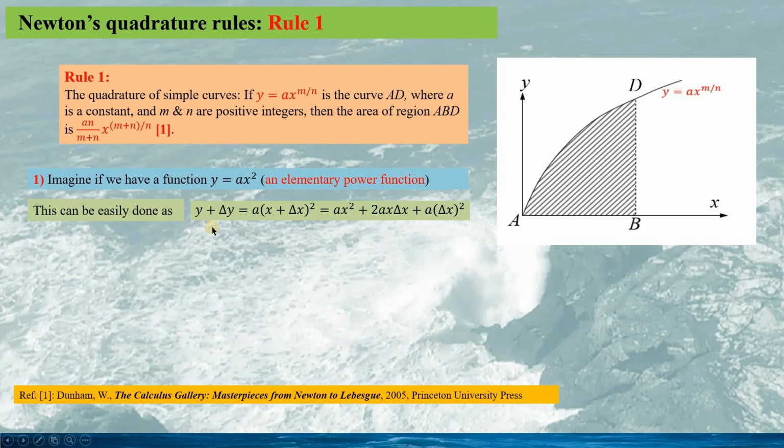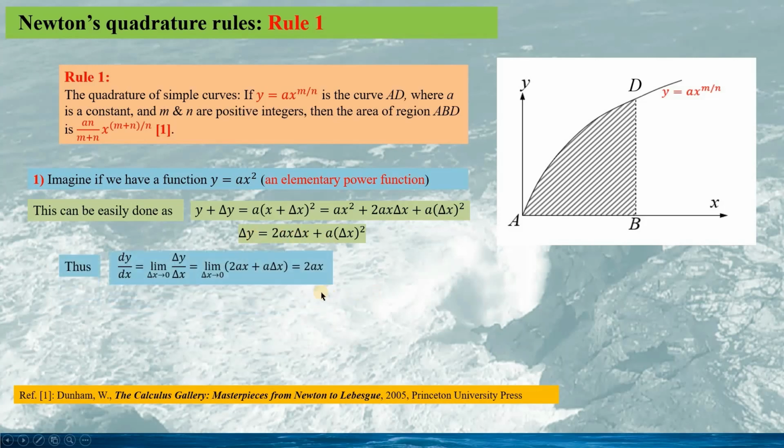We can easily calculate y with the increment delta y because x is increased by delta x. So we can calculate the increment as this, so delta y would be given as this. And then we can calculate the derivative, or the change of y with regard to x.